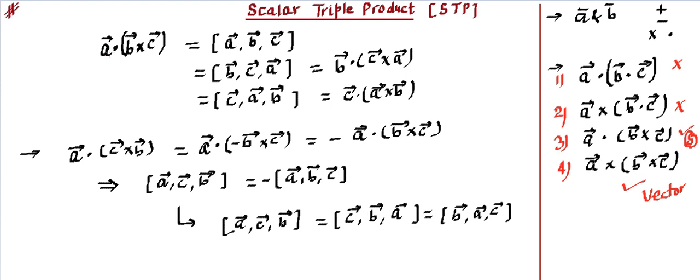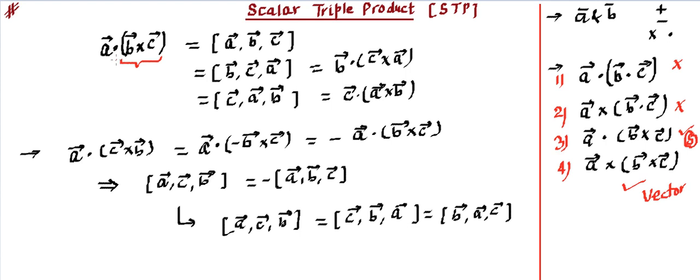Moreover, whenever these three vectors are to be multiplied, we will place this bracket with the cross product, because first we need to do cross product. If we are doing first dot product, then that will become a scalar quantity, that won't work for future calculations, right? So this bracket has to be placed with the cross product of two vectors, and that will be a vector. This vector has to be multiplied in a dot fashion with another vector, so it's going to be a scalar number.